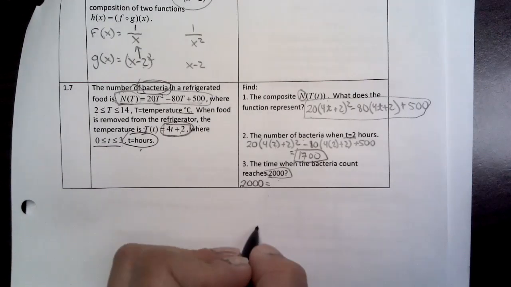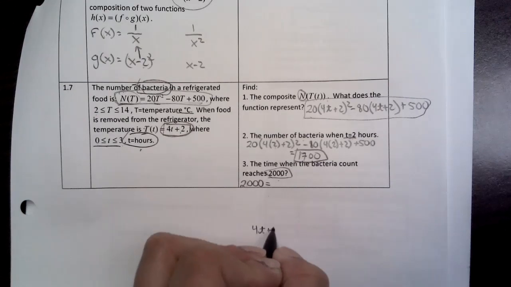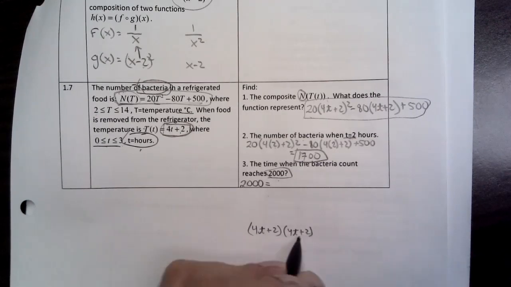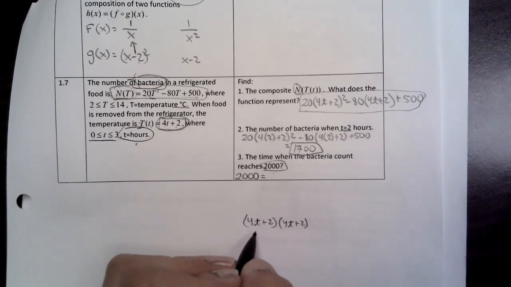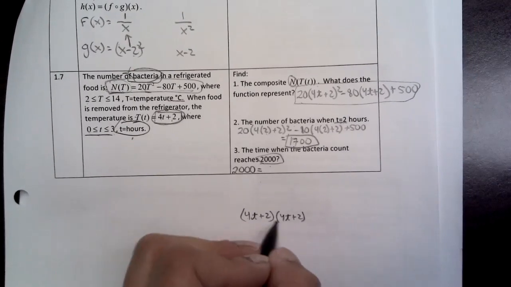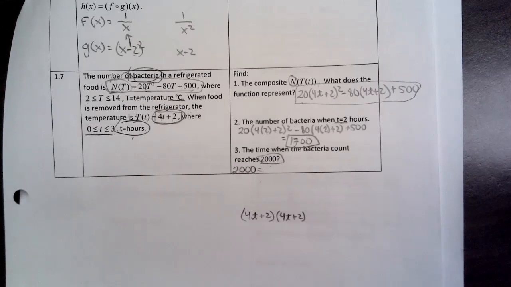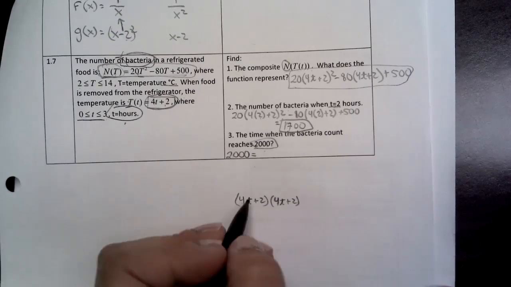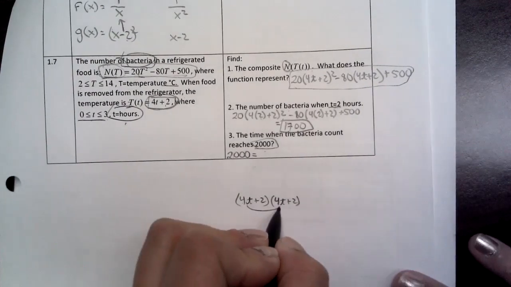So I'm going to say 4t plus 2 times 4t plus 2. So bear with me while I do this. I'll pause this and come back to you in a minute. Actually, no, I'm going to have you follow along, in case you don't get something.